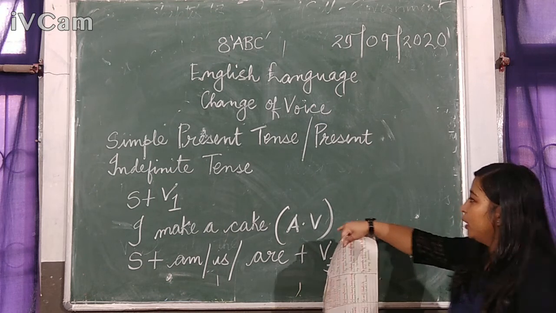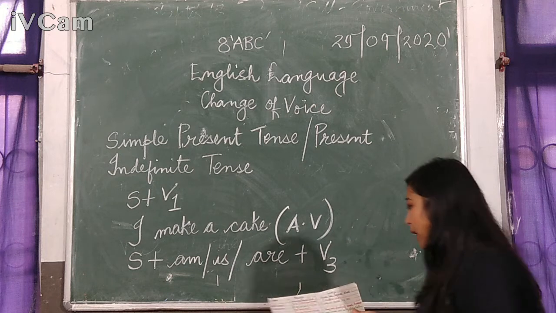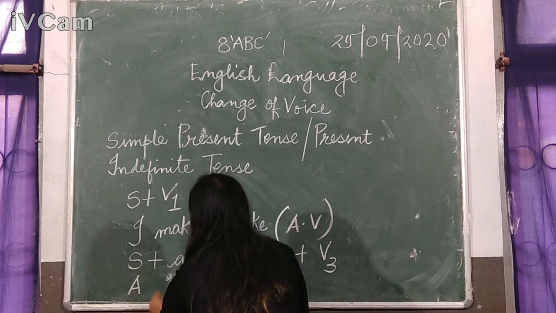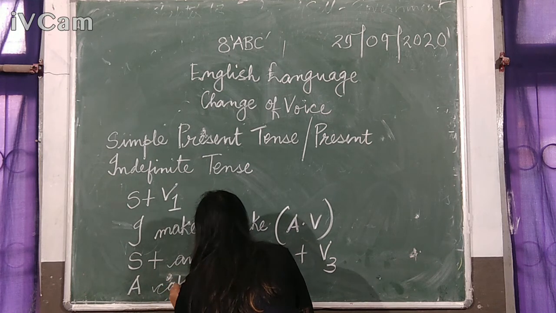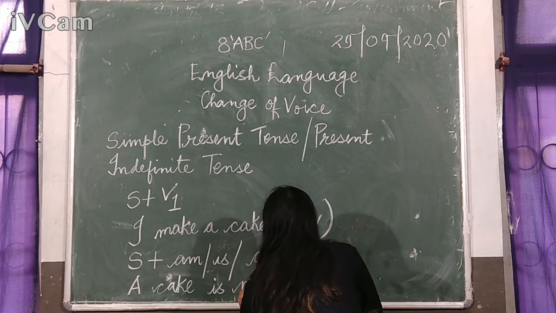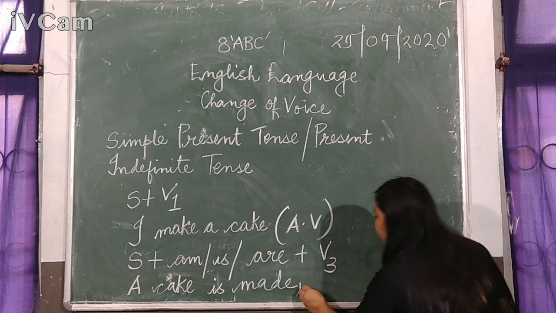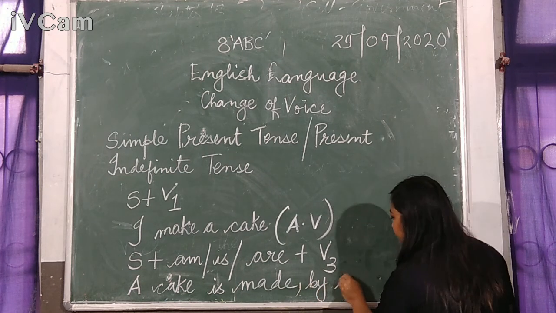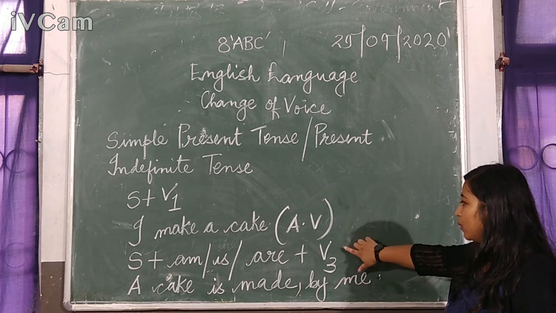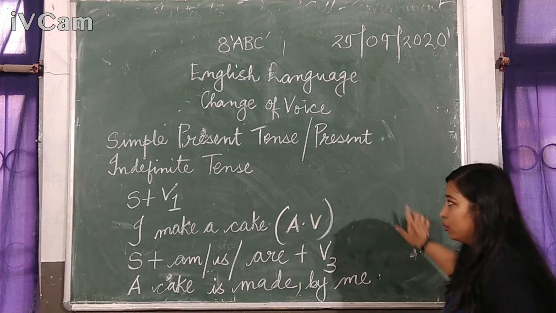So if you have to change I make a cake into passive voice, you'll have to write a cake is made by me. It has to be in the present tense. This is the structure for changing the active voice into the passive. So this is the first one.